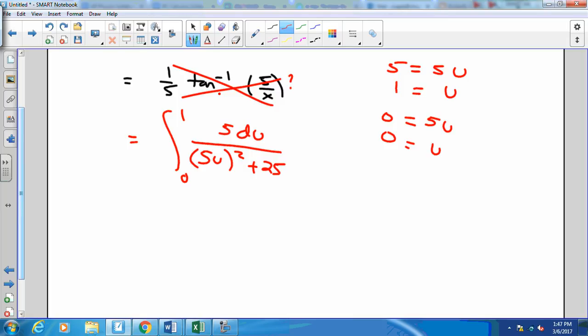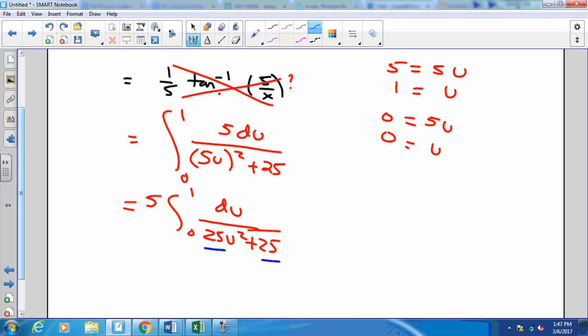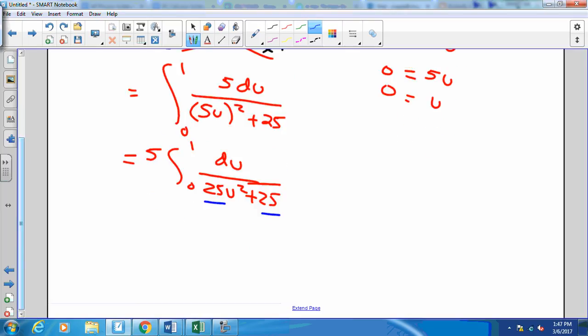this integral right here. This needs a little bit of cleanup, but it's not nearly as fearsome as it looks. 5 comes to the outside there, and 5u squared, quantity squared is 25u squared plus 25, and right here is the payoff for my substitution, that common factor of 25. So out it comes.